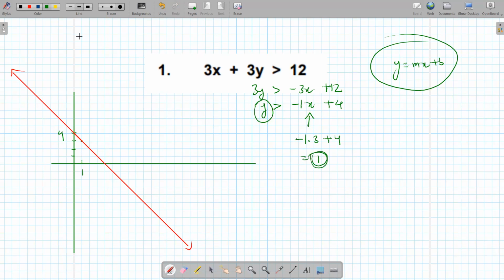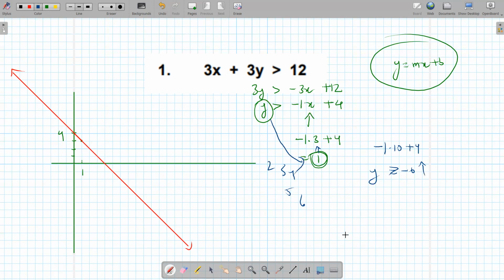You can also put in way bigger numbers, like negative 1 times 10 plus 4, that's gonna be negative 6, right? So the fact that y is bigger means we need to go above 1, or above negative 6. Okay? So that means we're looking at 2, 3, 4, 5, 6, because y is greater than 1.